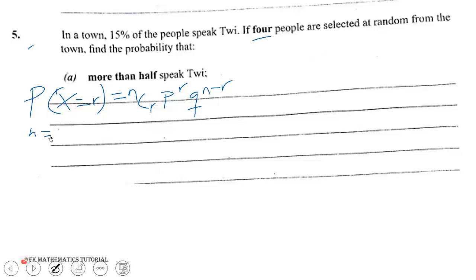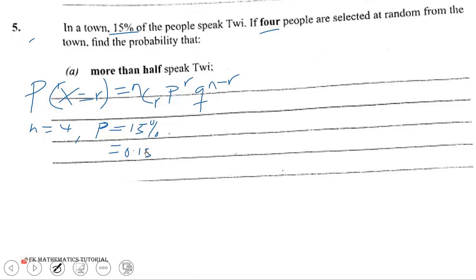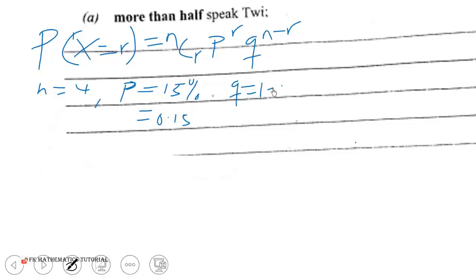We're given that the probability of someone speaking Twi is 15%, so small p is equal to 0.15, and q will be equal to 1 minus p, that is 1 minus 0.15, which is equal to 0.85.